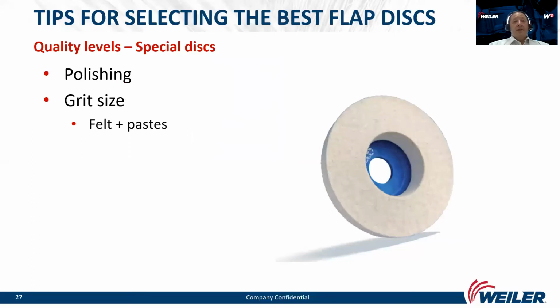And for the final operation, polishing with pastes until a mirror finish is achieved, we can offer you polishing discs made of high quality felt with a density of 0.6 grams per cubic centimeter. We can also offer you 3 types of polishing pastes for pre-polishing, polishing, and high gloss finishing.